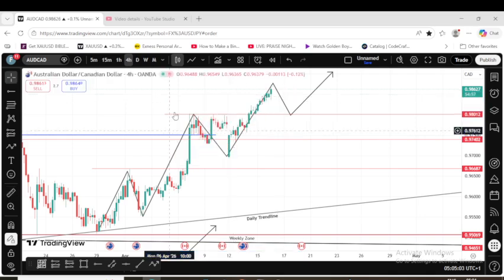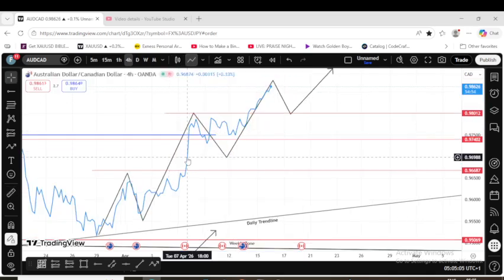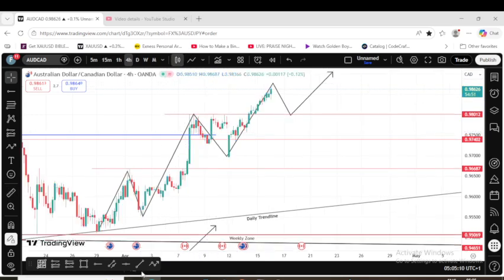What other thing do you notice? If you switch to the line chart, you will notice that there's a W pattern here and here. Let me draw it out for you. So there's a W pattern here. Let me make it blue to make it clearer.